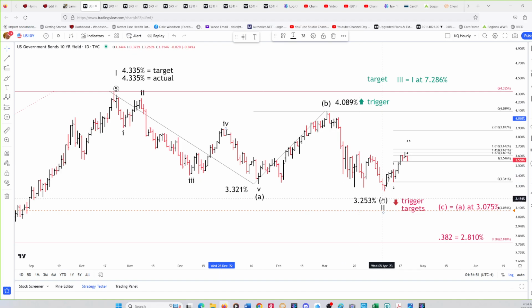You can see this wave C so far has fallen short of ideal Fibonacci targets, where C equals A at 3.075%, and this 382 is the 382 Fibonacci retracement of the entire 5-wave rise from the March 2020 lows to the high up here in October of 2022.